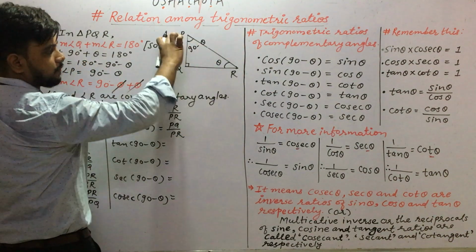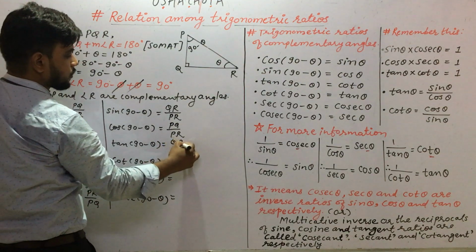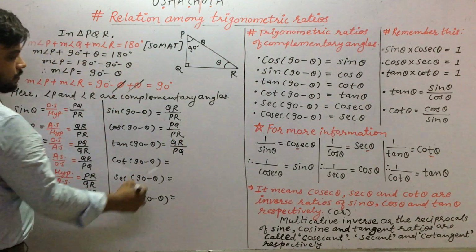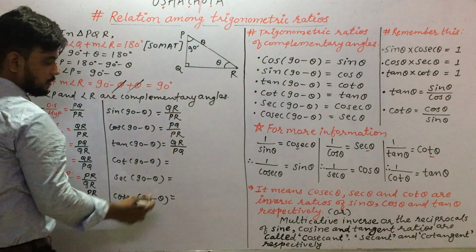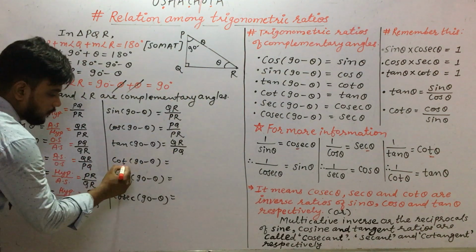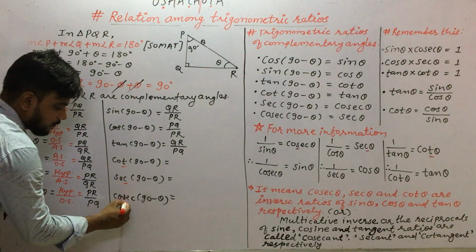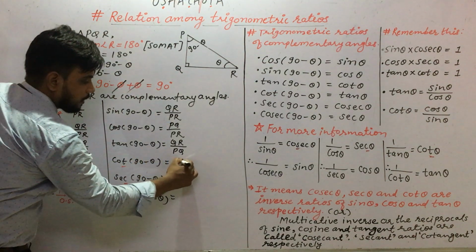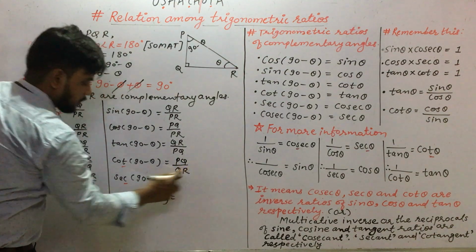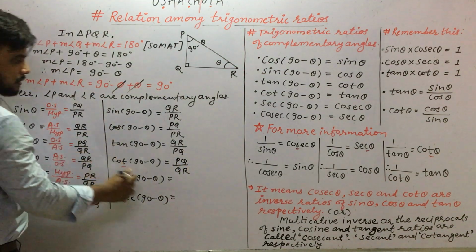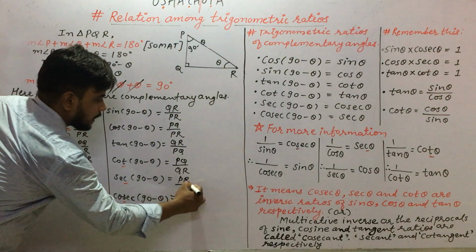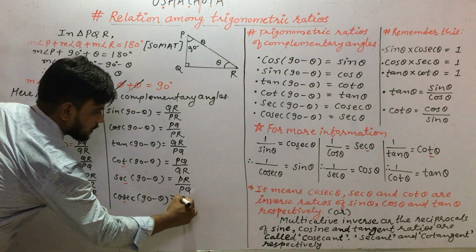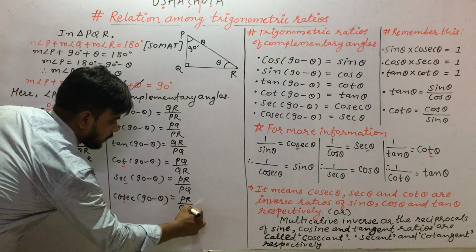Tan will be opposite upon adjacent, so QR upon PQ. Cot is the reciprocal of tan. Again, we have to concentrate on the third letter of these ratios. So this will be PQ upon QR. Sec is the reciprocal of cos, so this will be PR upon PQ. And cosec will be the reciprocal of sin, so the same, PR upon QR.